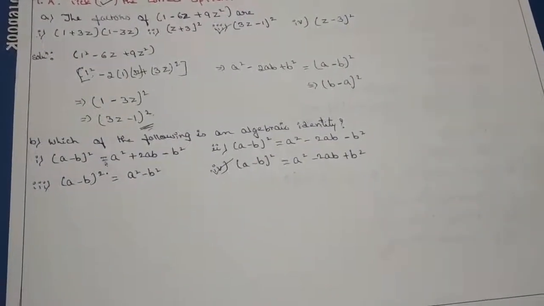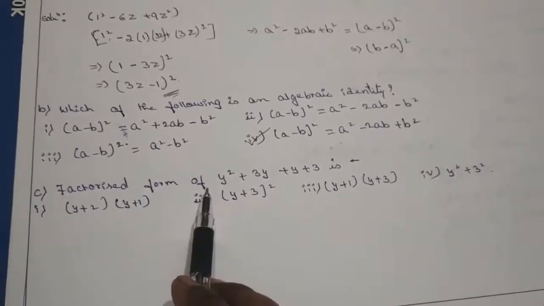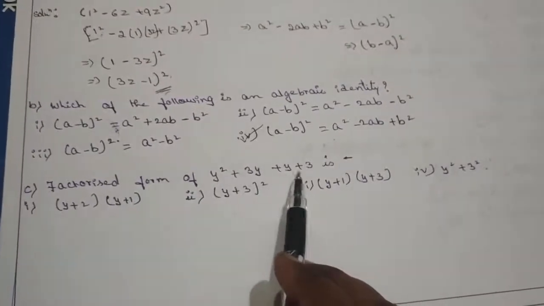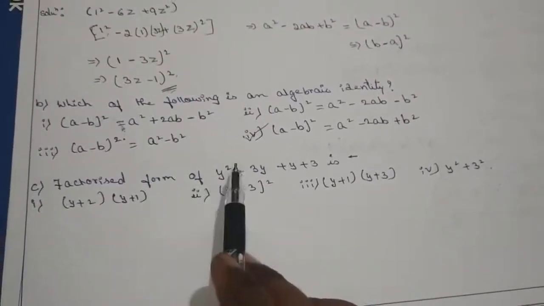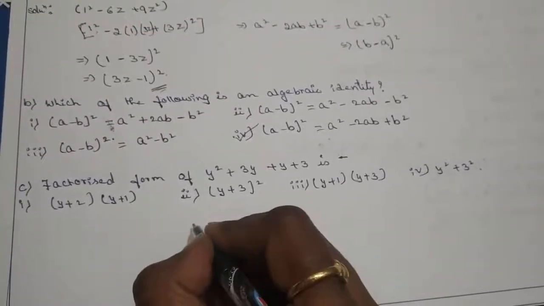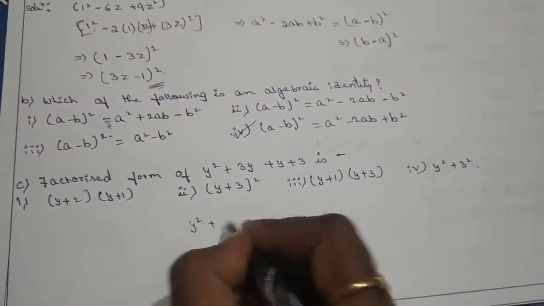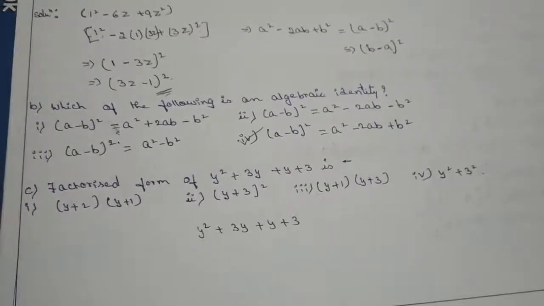Now we'll move to the C sub question. Factorized form of y square plus 3y plus y plus 3 is? So we need to identify the factorization for this expression. First we'll take down the expression y square plus 3y plus y plus 3. Now look into the expression.